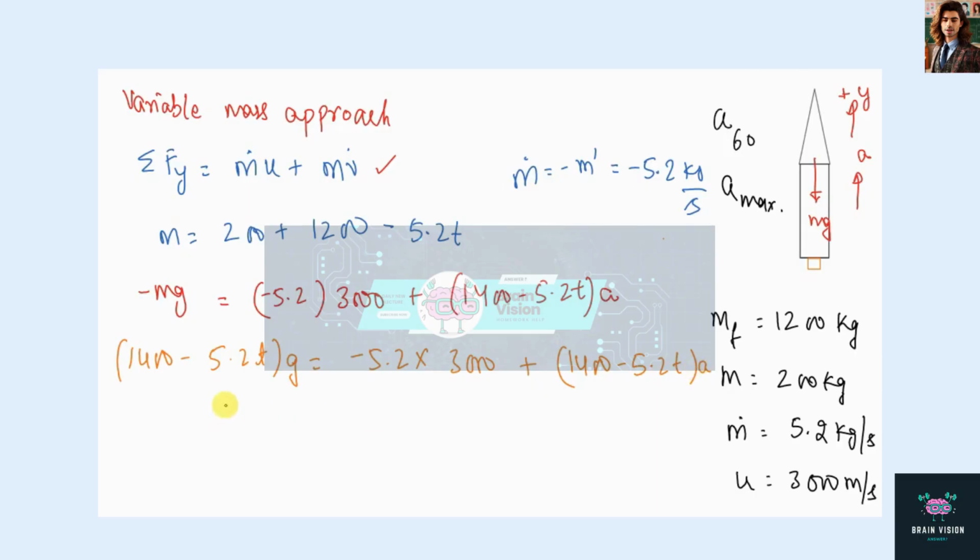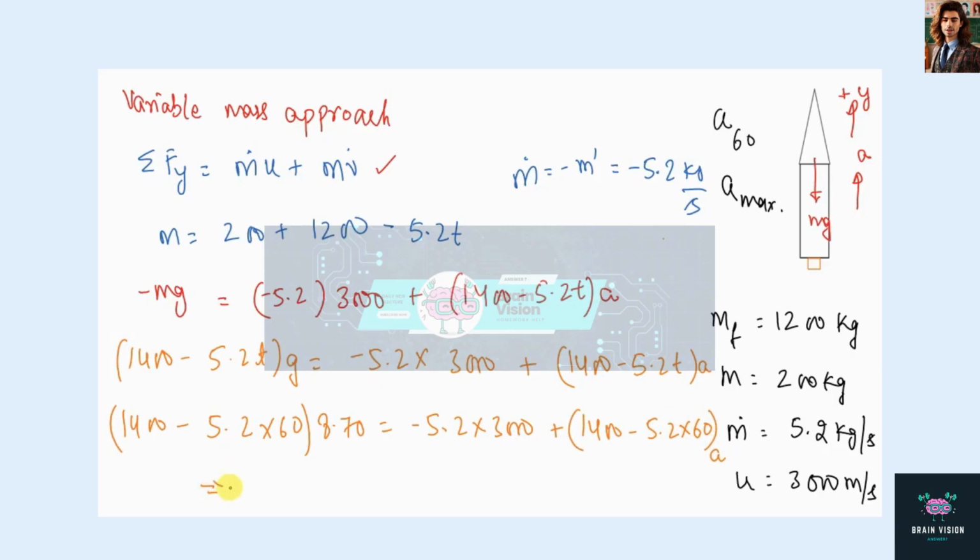Now this time t is the time at which we have to find the acceleration, which is 60 seconds, and g is the acceleration due to gravity, given as 8.70. So (1400 minus 5.2 times 60) times 8.70 is equal to minus 5.2 times 3000 plus (1400 minus 5.2 times 60) multiplied by acceleration.